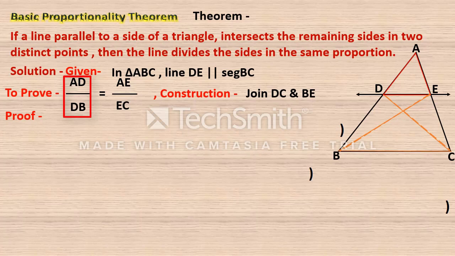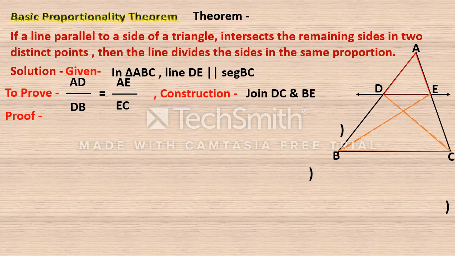AD divided by DB, both parts are the bases of two triangles, and we know the property: areas of triangles are proportional to their bases.